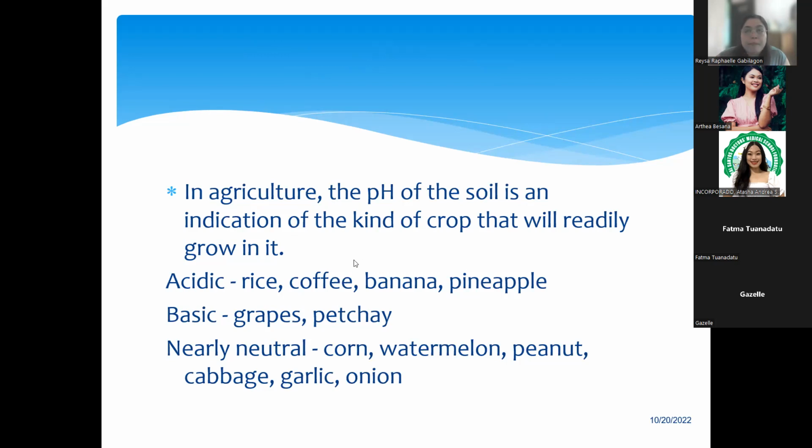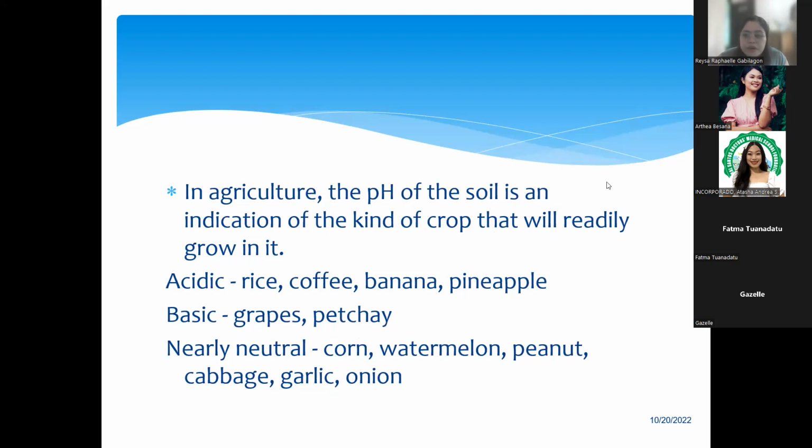Kasi yung ibang plants, medyo hindi maayos yung growth nila or hindi talaga sila nabubuhay. So we have here rice, coffee, banana, and pineapple. And then yung mga basic naman yung soil, they can plant these examples of plants, grapes and petchay. While pag nearly neutral, we have the corn, watermelon, the peanut, cabbage, garlic, and onion.